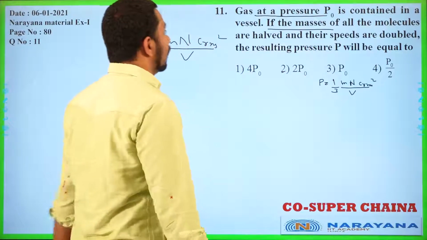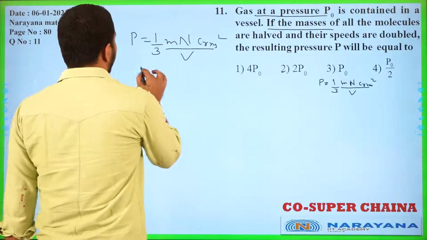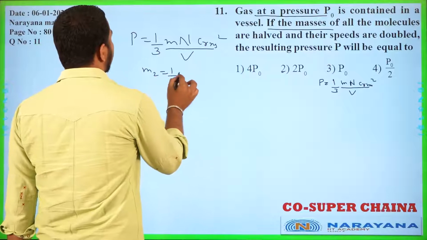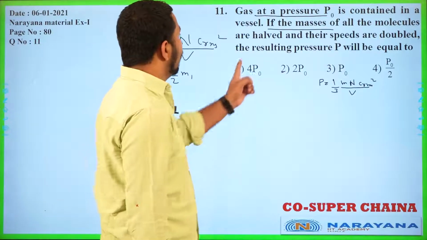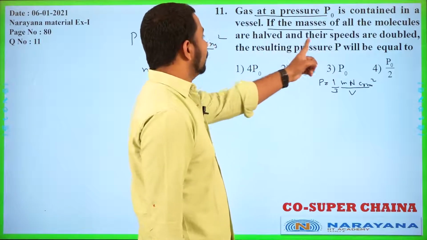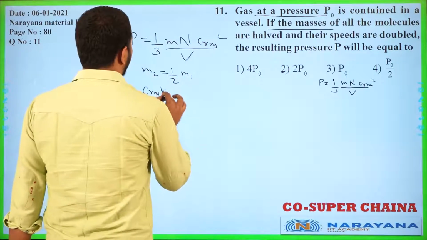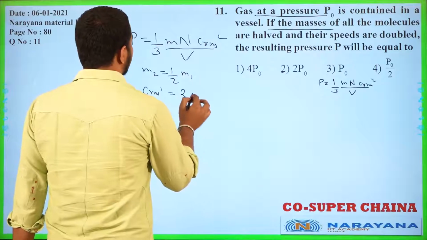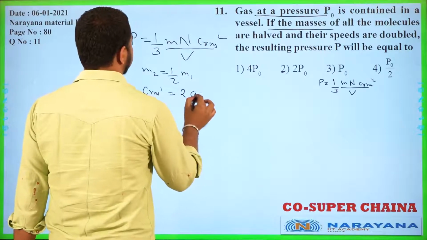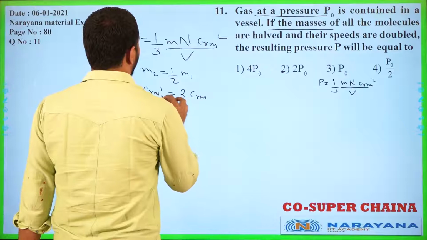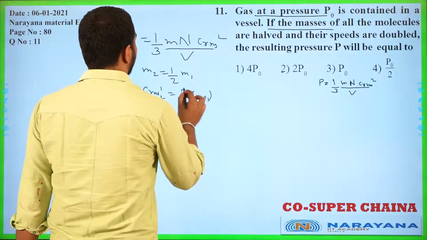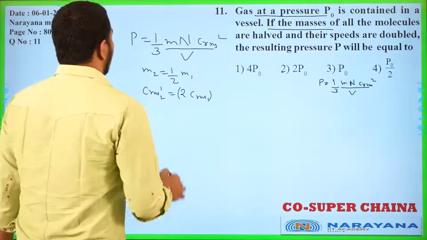The mass of the molecules is halved, so M2 is half of M1. Their speeds are doubled, so C RMS 2 will be 2 times C RMS 1. So this is what is done, and the rest of the things remain the same.